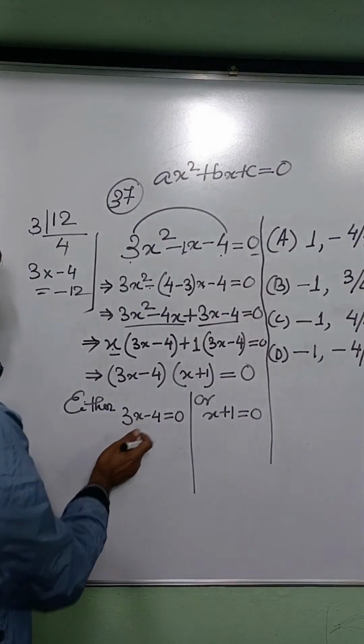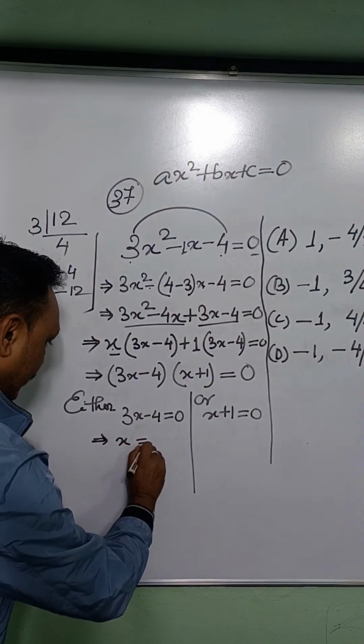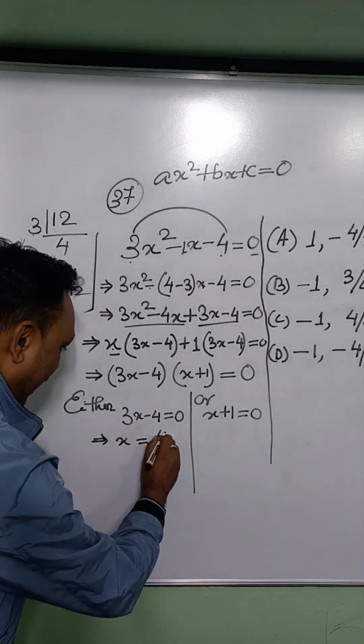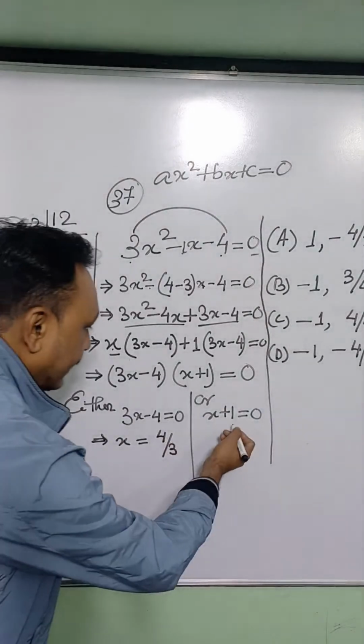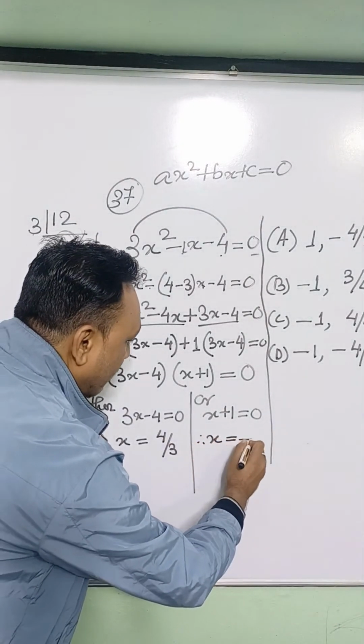If 3x minus 4 is 0, then x will be plus 4 by 3. If x plus 1 is 0, then x will be minus 1, right?